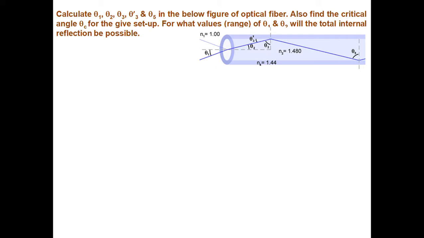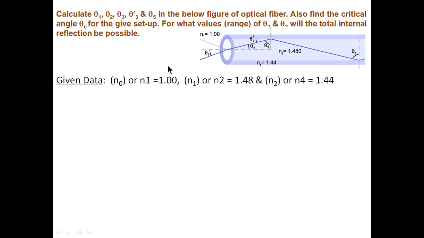Okay. Now as soon as the problem is given, like I said, write down the given data. The given data over here is n1 is 1. n1 is the refractive index of the surrounding media, that is air basically. According to this, it is n1, and according to our methodology, the symbol that we follow is n0.